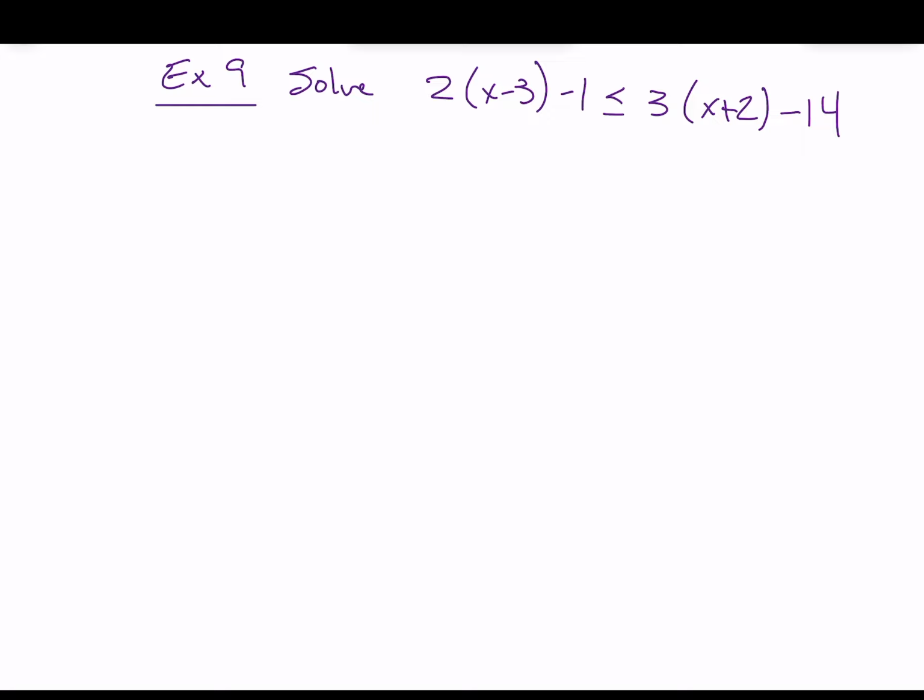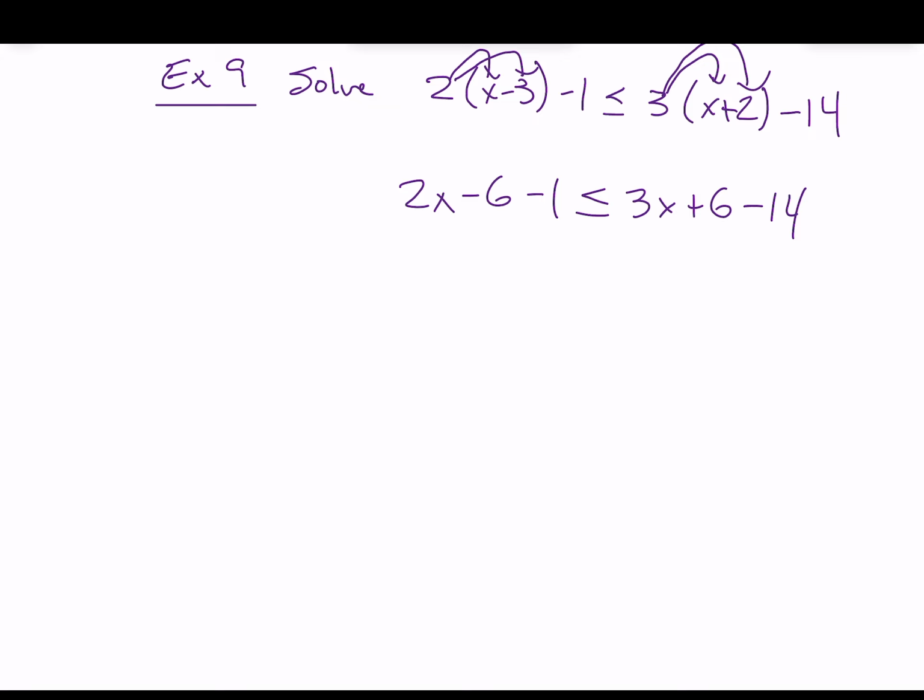Well, the first thing we want to do before we start doing operations to both sides of this equation is distribute. So we'll distribute the 2 to the x, and we get 2x, the 2 to the negative 3, and we get negative 6, minus 1, just copying down, 3 times x is 3x, 3 times 2 is positive 6, minus 14.